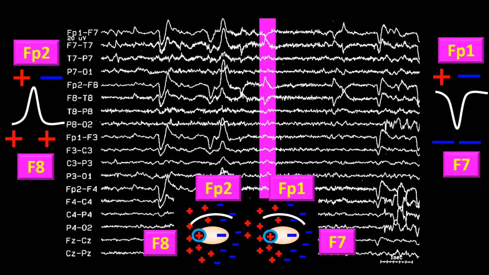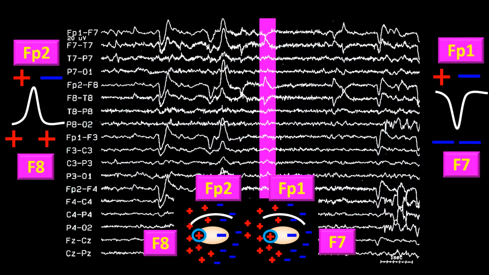Here I have introduced the field, and I further have attempted to explain it by making sure that you understand that F8 is positive and FP1 is also positive because of the relation between FP1 and F7.